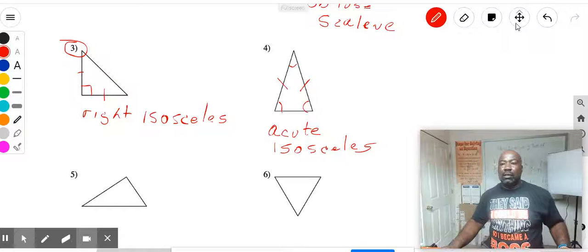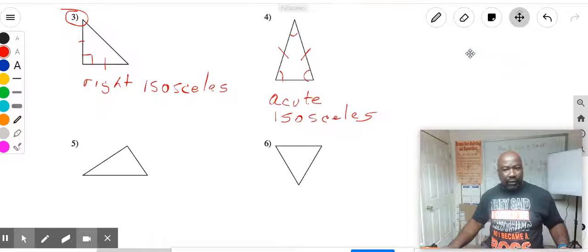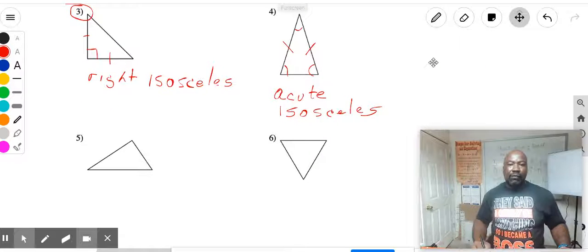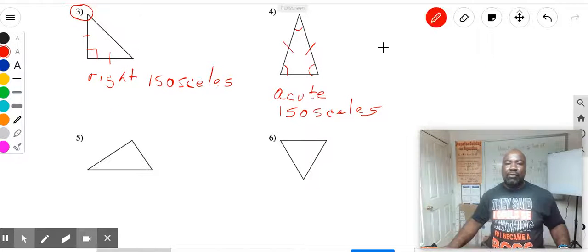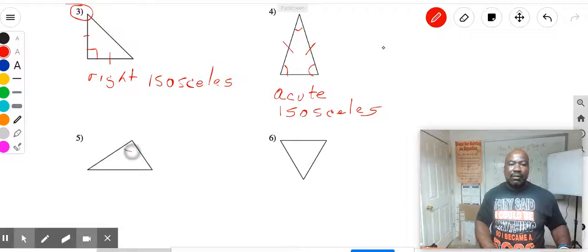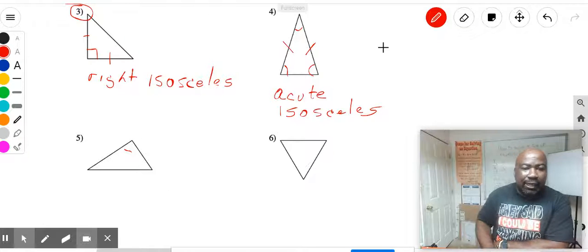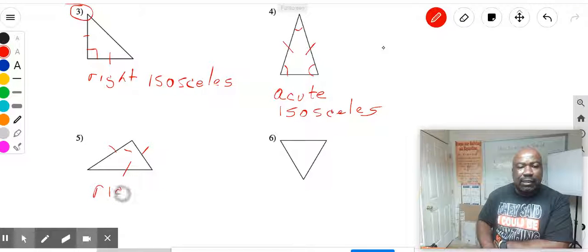Now let's get on to number five. Number five is just a right angle that's upside down. So this right here, you have three sides that are different. So this would probably be a right scalene.